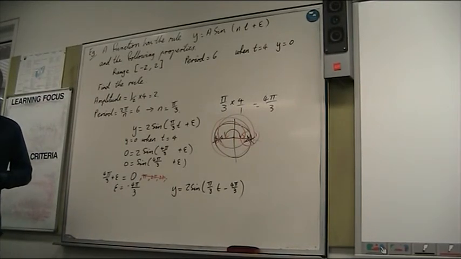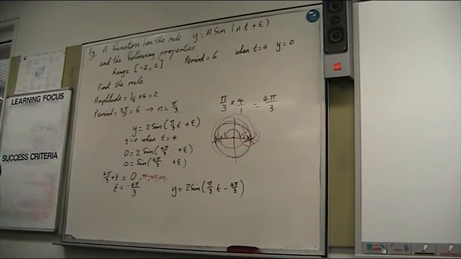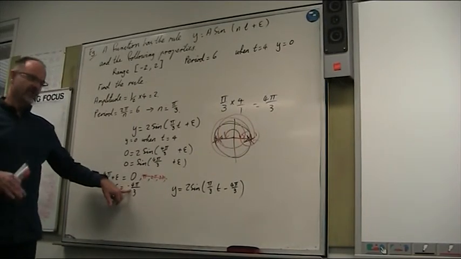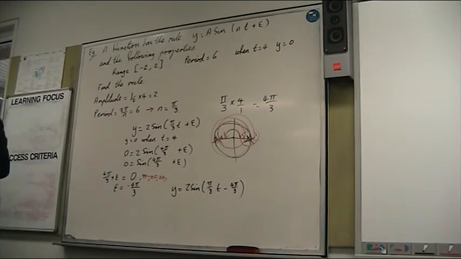In terms of the graph, all of these give us exactly the same graph anyway, just how much you've moved it across. Move it across 4 pi on 3, or another period more than that, or another period more than that.